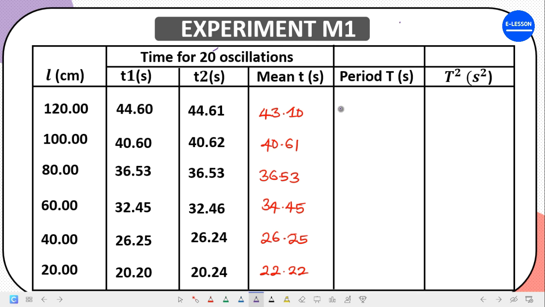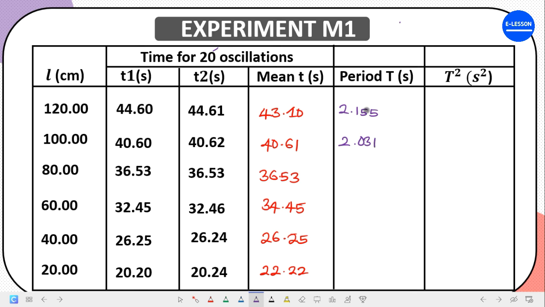When you do that, this is going to give us 2.155. The next one is 40.61 divided by 20. This will give us 2.031.